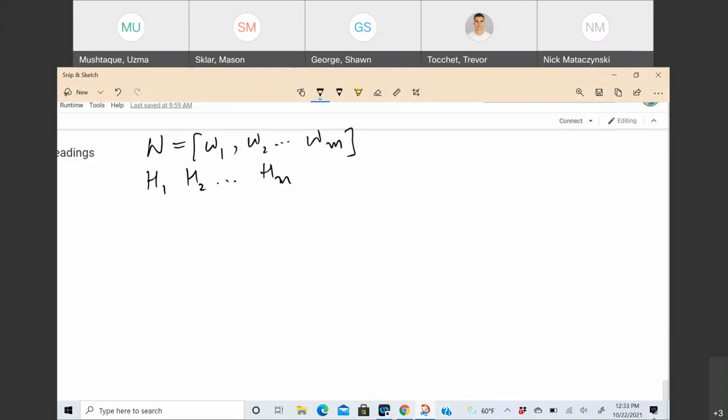And let's say I have observed targets as well for every output. Let me say my observed targets are denoted by Y, Y1, Y2, and so on. Let's say I have N values.